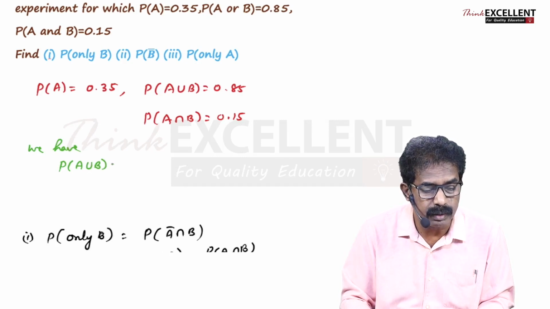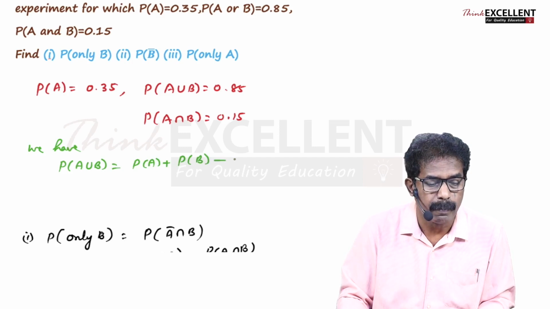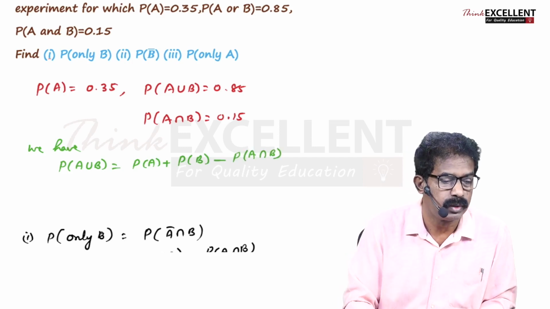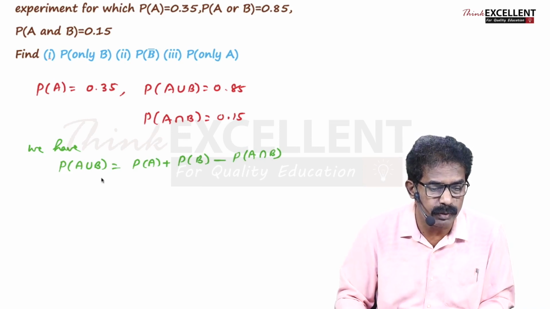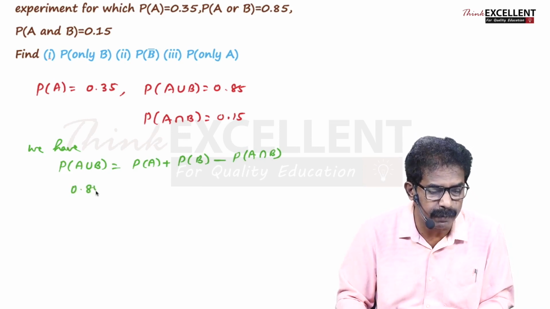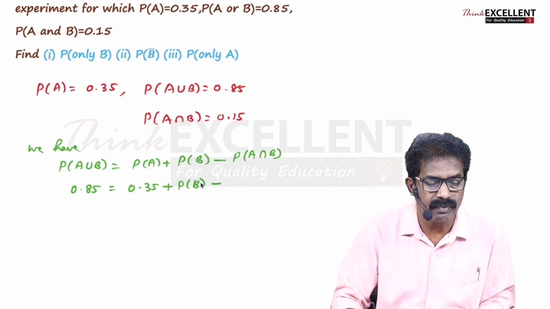P of A union B is equal to P of A plus P of B minus P of A intersection B. One of the very important ones, right? So substitute the known values. P of A union B here is 0.85. P of A is 0.35, plus P of B, that is what we want, minus P of A intersection B, which is 0.15.